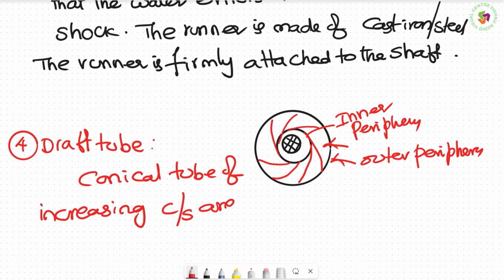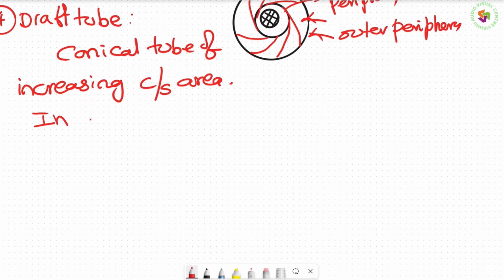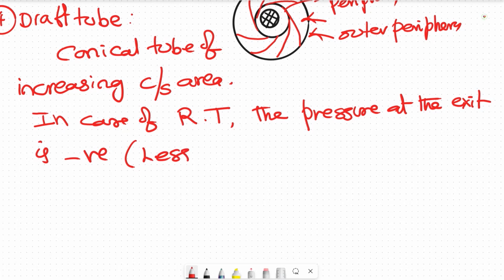In the case of reaction turbines, the pressure at the exit is negative, that is, less than atmospheric pressure.